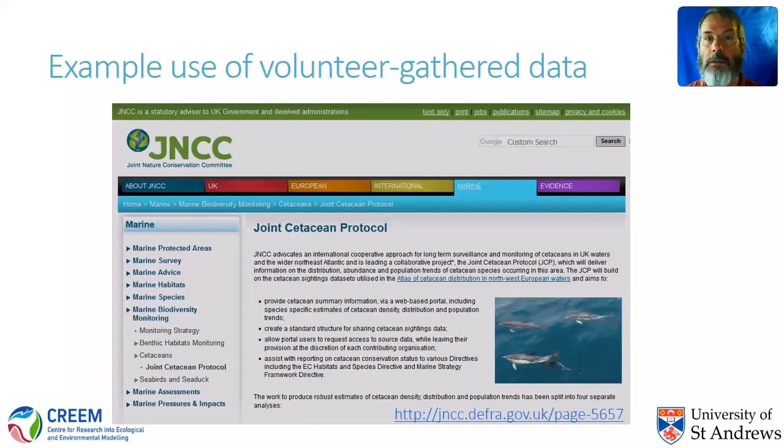This group has, over the past decade, been involved, along with us at St. Andrews, in trying to produce distribution maps of marine mammal species around the waters of the United Kingdom. Information derived from the sorts of surveys that you collect and the perpendicular distance data that you gather allow us to produce large-scale depictions of these animal distributions in UK waters.